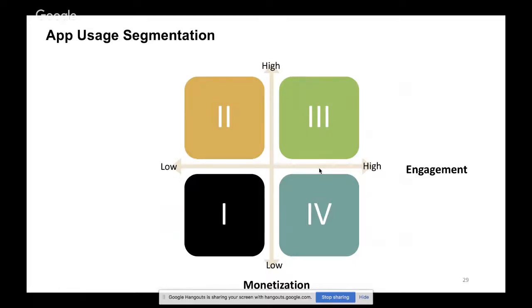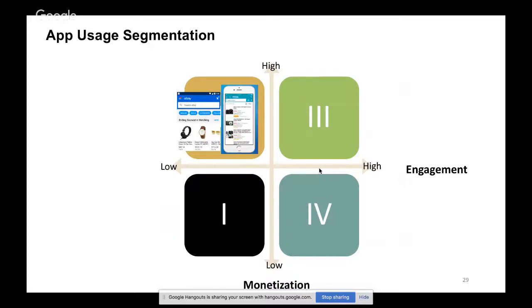Okay, and moving up to the second cluster, where the need to engage with your customer, or your customers' need to engage with your product or service, is high, while the monetization need is low. In this case, this is a very typical type of mobile app.